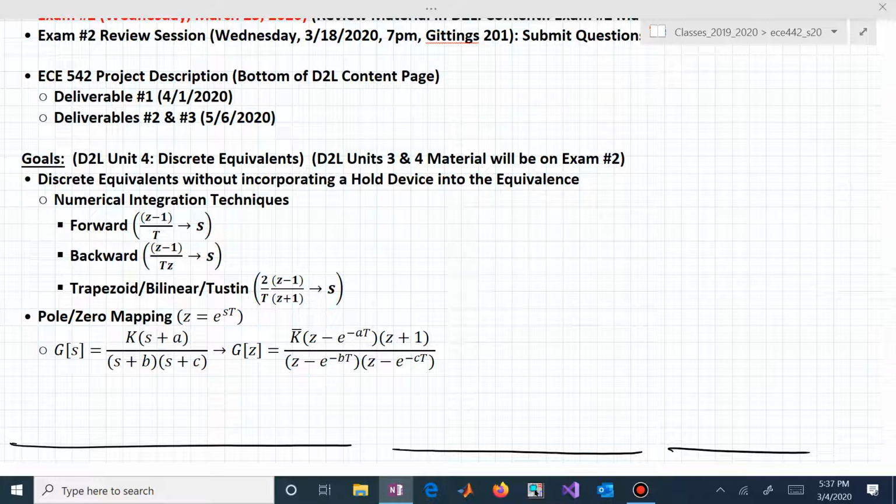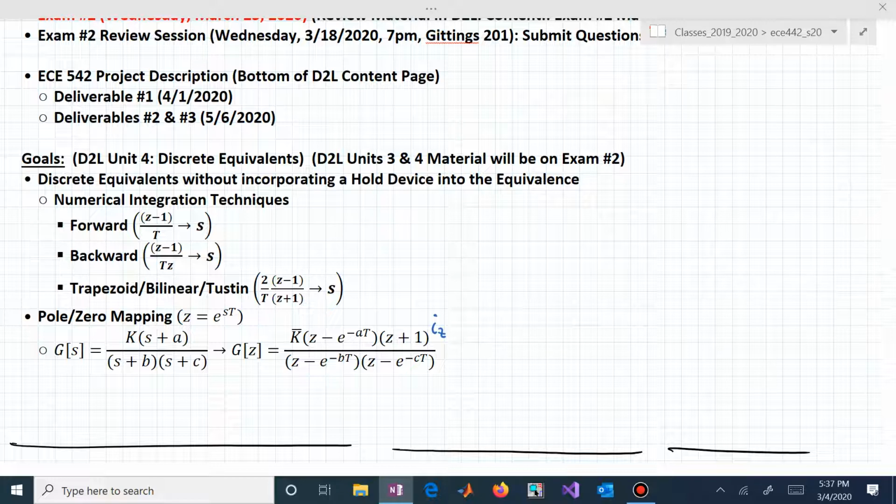Those now get replaced by poles in the Z domain, or z minus e to the minus bt factors in the denominator. And what you will see is, in fact, this numerator has more than just a zero factor associated with mapping the zeros. This is now an I sub z as an exponent, where that is equal to the number of infinite zeros in your continuous time transfer function.